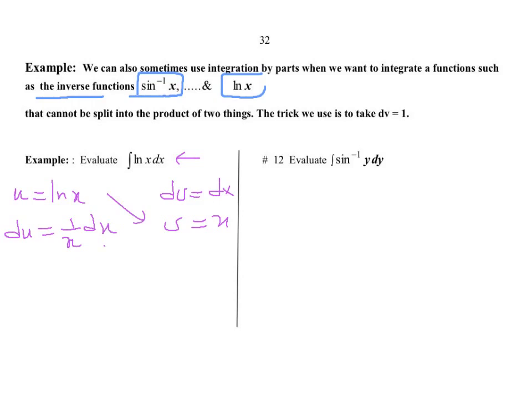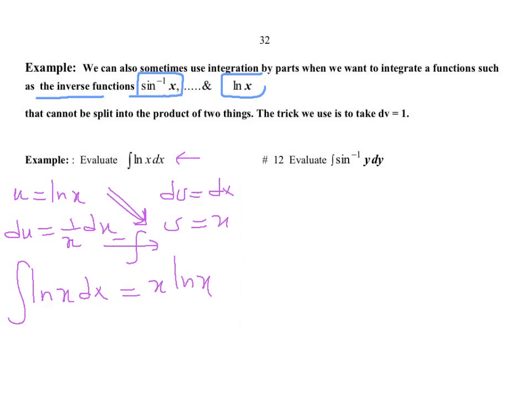So that's why, when we had x ln x or x cubed ln x in the previous exercise, we could not take dv as ln x, because ln x itself can be done by integration by parts. Anyway, the integration of ln x is equal to uv, so x ln x, by the rule uv minus the integration of v du.